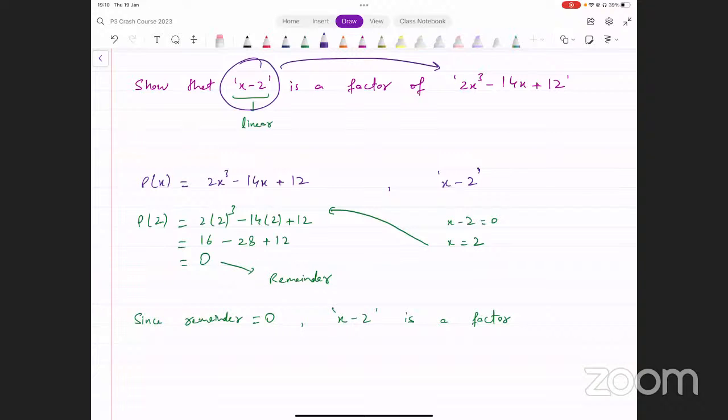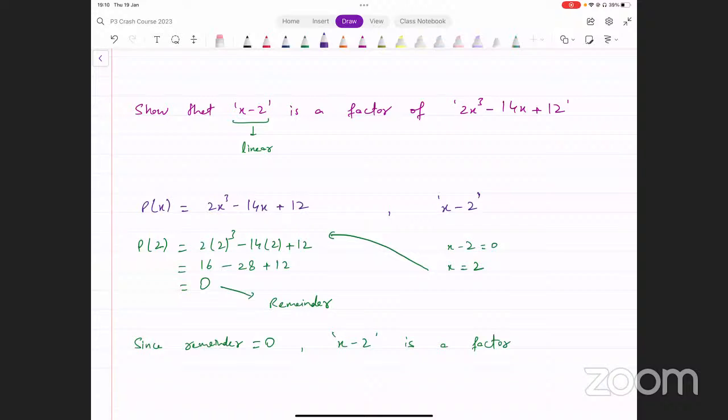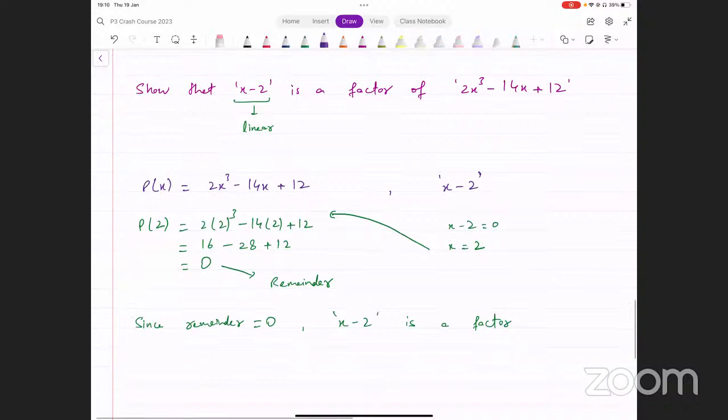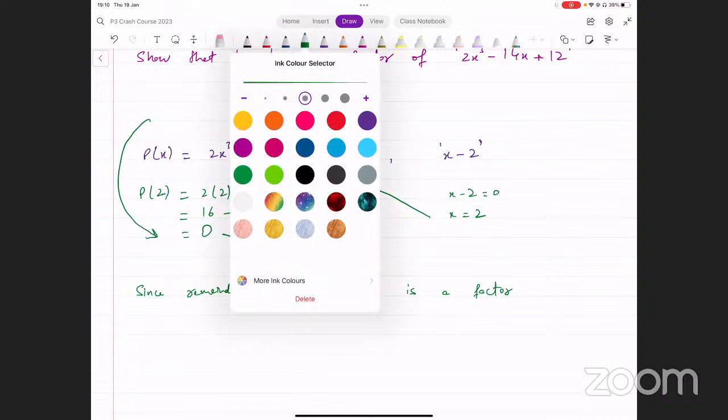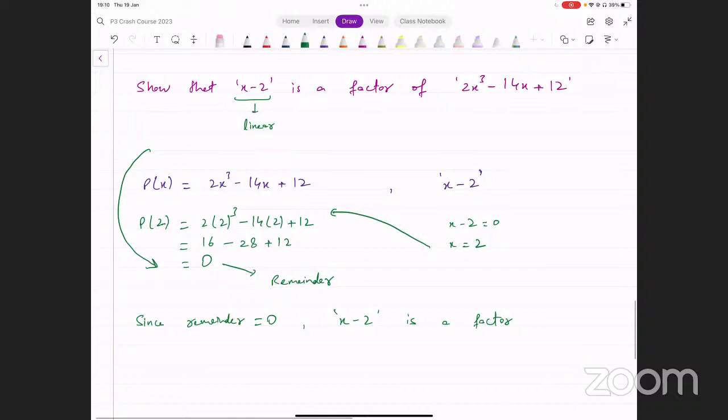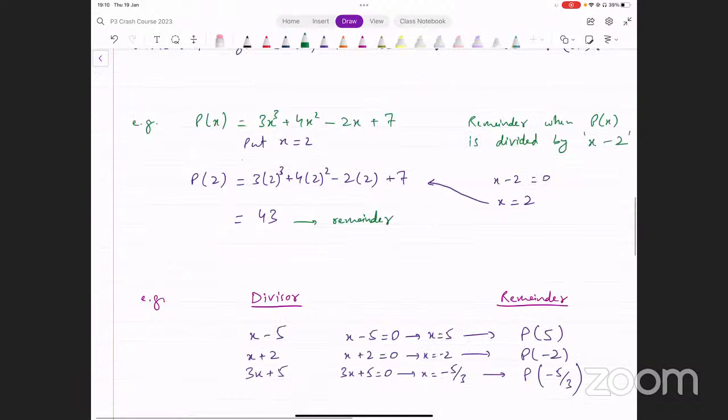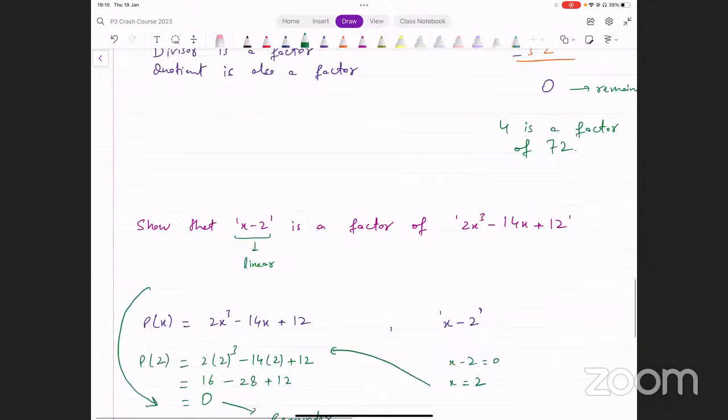But since it's a linear divisor, it's always quicker to find the remainder using the remainder theorem. By the way, this thing that we have done here, where the remainder has turned out to be 0, is a special case of the remainder theorem and is known as the factor theorem.